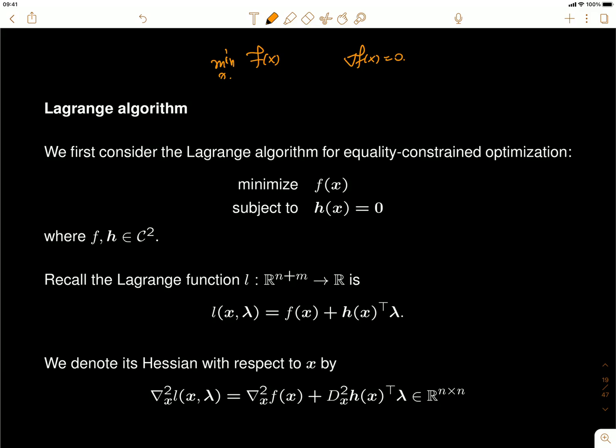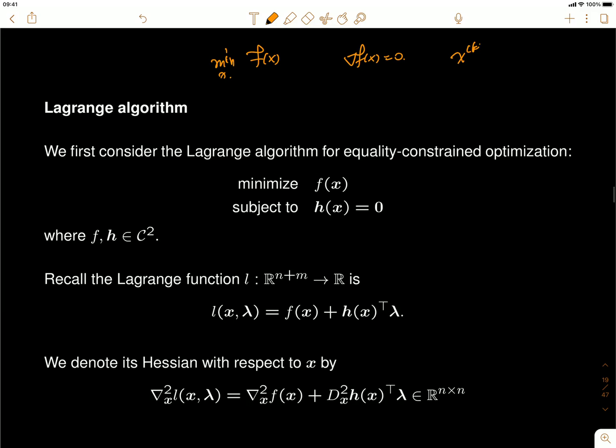This will give us all the critical points, and our minimizers will be among them. That's what the gradient descent method is doing, iterating x k plus 1 equals x k minus alpha gradient f of x k, and hopefully when x k converges, both sides will have the same limit point and they will be cancelled.